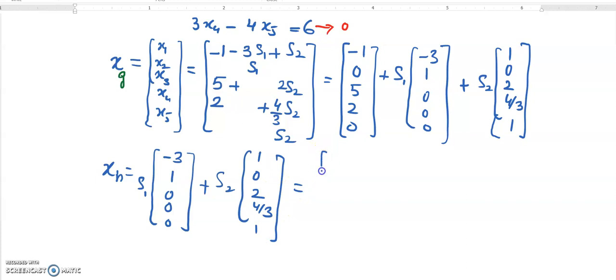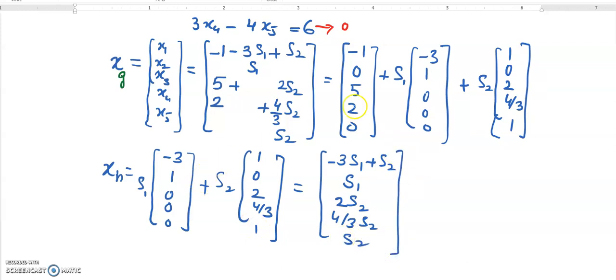Okay, in other words, it will be minus 3s1, and then minus 3s1 plus s2, and then it will be s1, and then it will be 2s2, and then it will be 4 by 3 s2, and then it will be s2. So this will be the solution of the homogeneous part. So this solution can be extracted from the general solution.